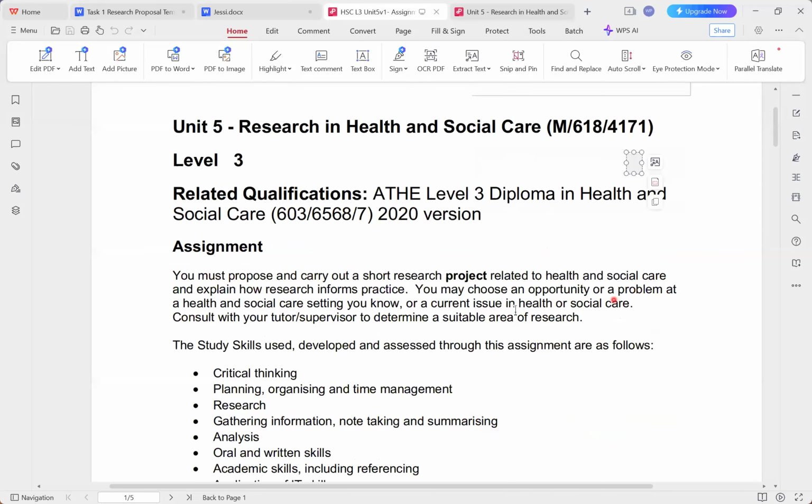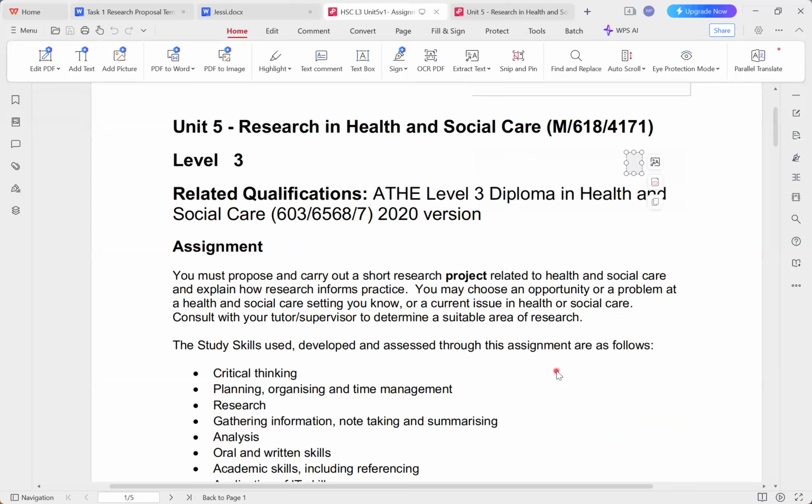related to health and social care, and explain how this research informs practice. You would want to choose this opportunity or any opportunity or a problem or issue in health and social care. You would want to consult with me to determine a suitable area of research.